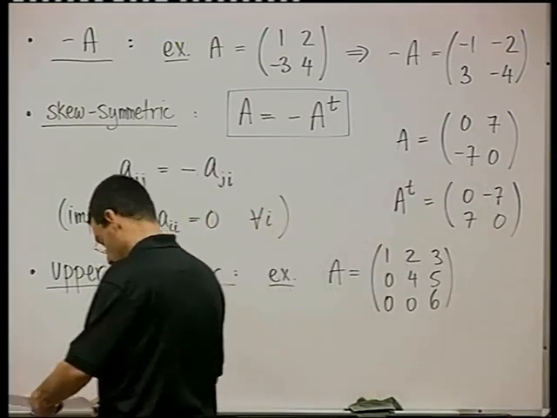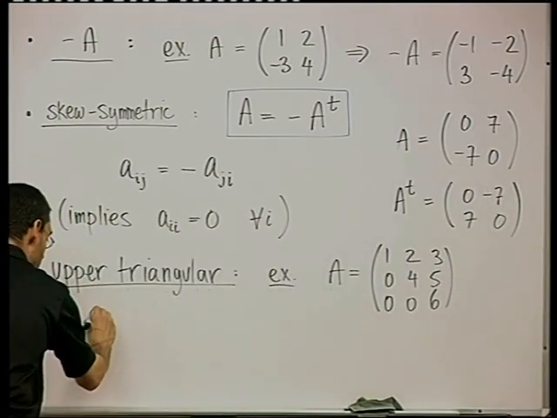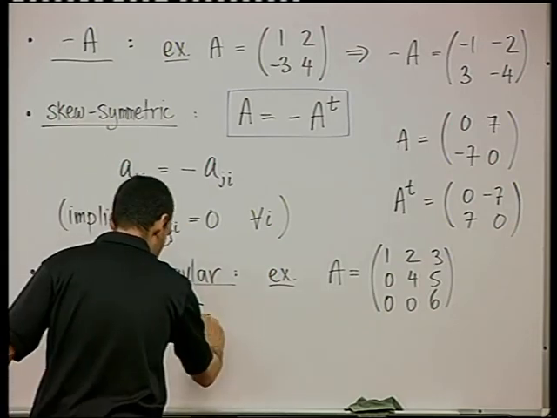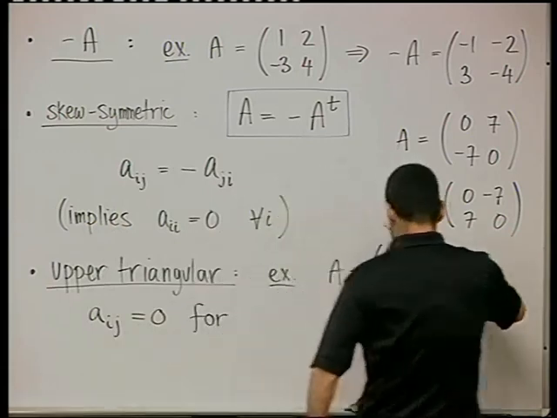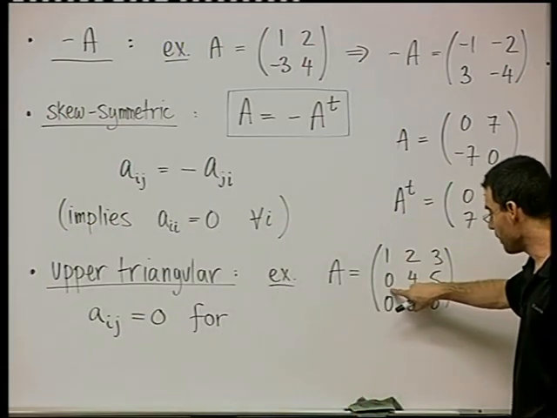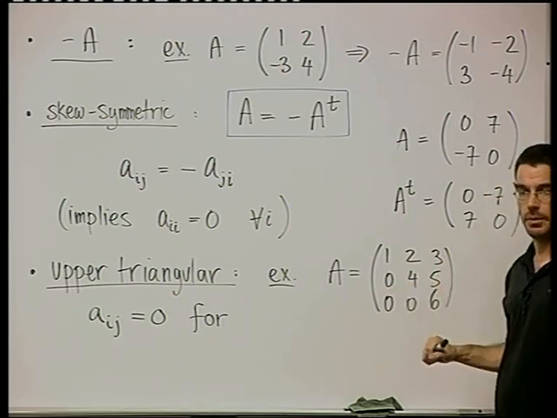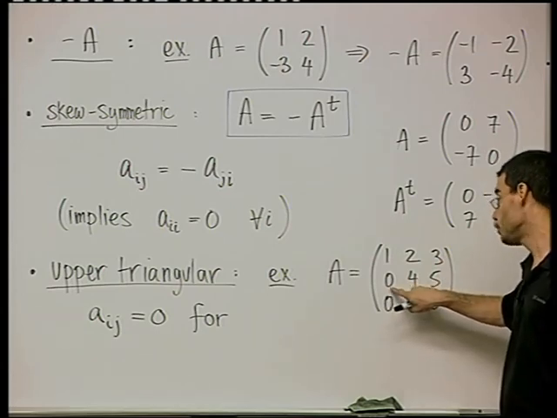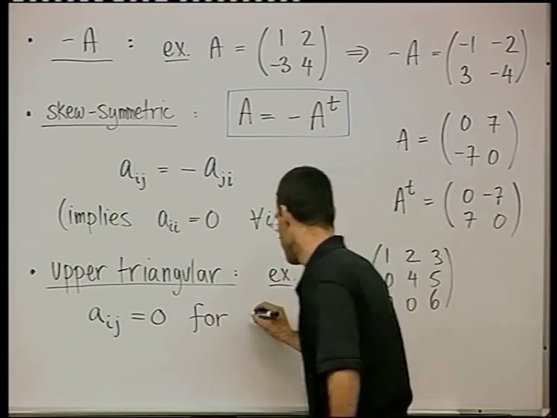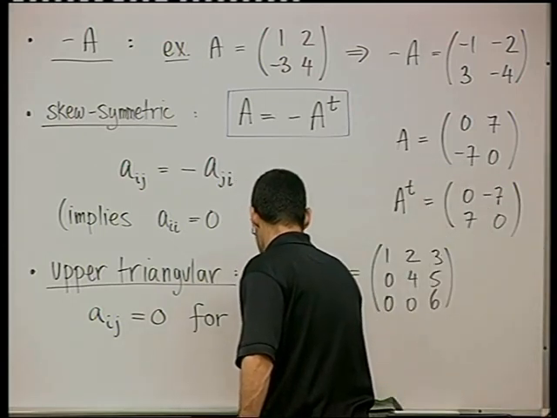So how do we write it formally? Aij equals 0 for an element under the diagonal, which satisfies that its row number is greater than its column number. Okay, so this is A21. This is A31 and A32, for i greater than j.